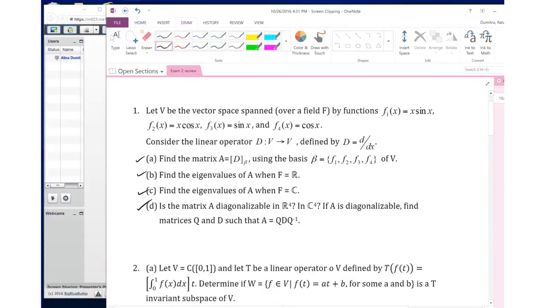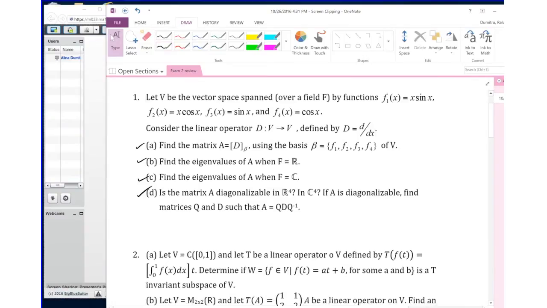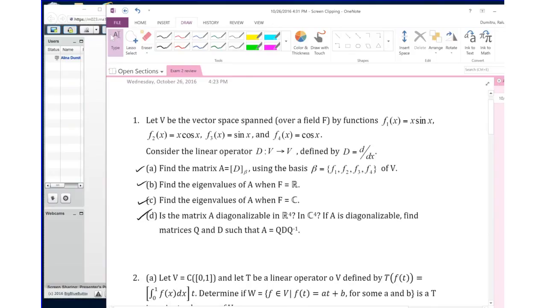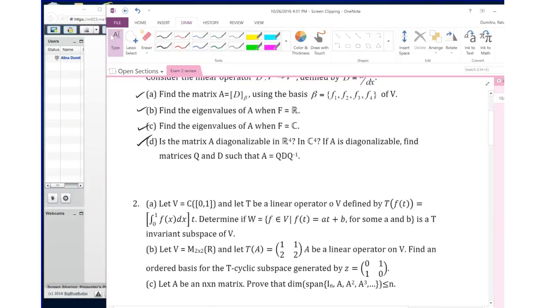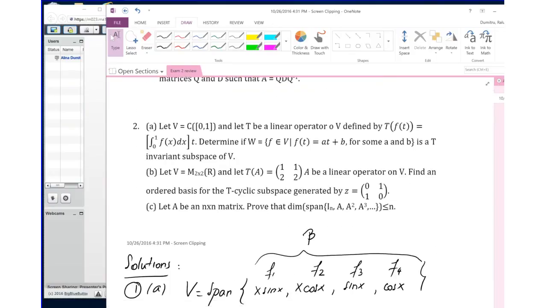That's the end of question 1. Let's look at 2. T-invariant subspaces, T-cyclic subspaces, and something related to Cayley-Hamilton. I will try to have them connected to each other when creating the sample problems.